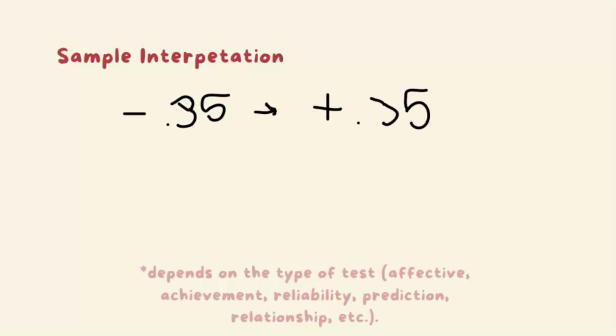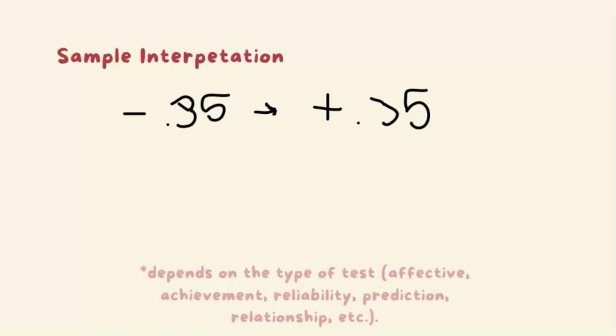And then, a sample interpretation that the textbook had given was something like this. It was saying that between negative 0.35 and positive 0.35 would be a weak relation.